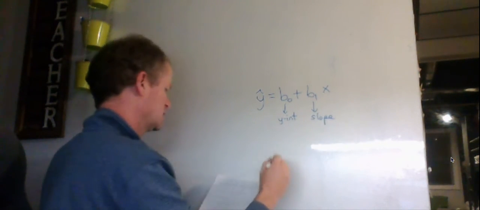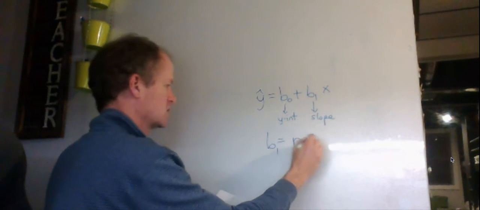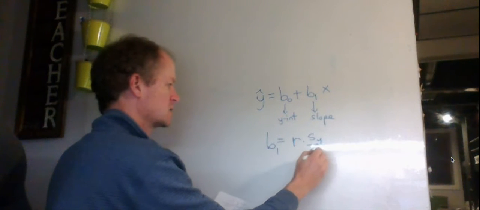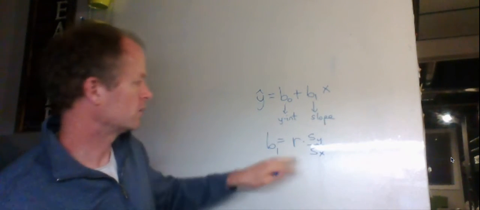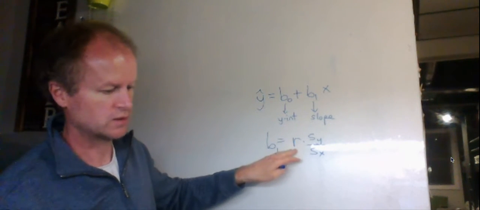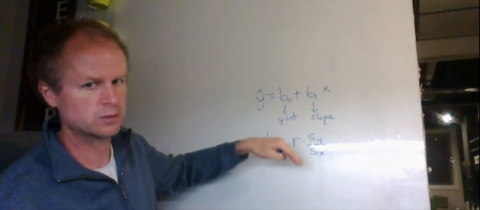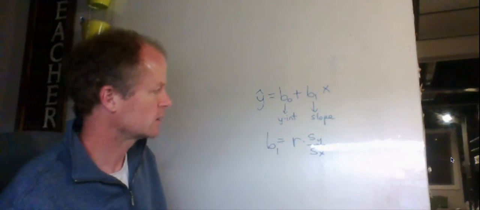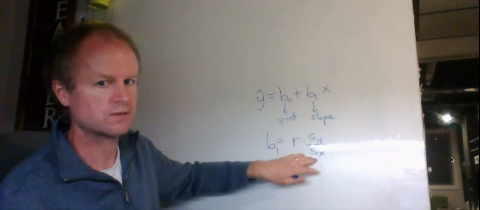And so the rule is that b1 is equal to r times s sub y over s sub x. And so remember, R stands for the strength of the linear relationship. Could be negative if it's a negative linear relationship. Could be positive if it's a positive linear relationship. And then we have the spread of the y's over the spread of the x's.